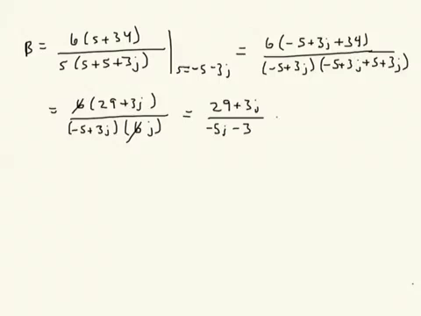So I'm going to do that by multiplying the top and the bottom by the complex conjugate of the bottom. So I'm going to multiply by plus 5j minus 3 on top and bottom.